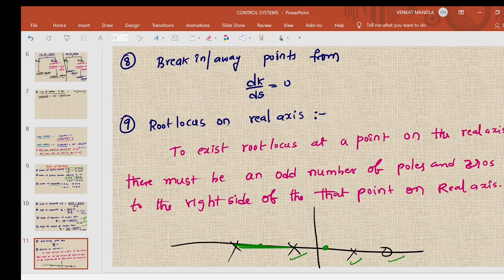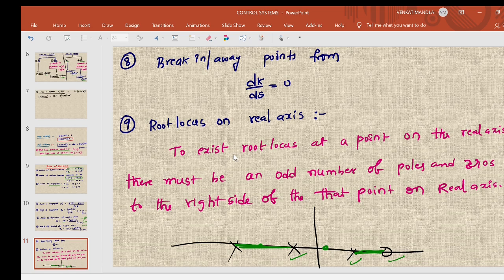But at this point, to the right of this, there is one pole and one zero. So the total number is 2. So we don't have root locus. But here only one zero is there to the right of this entire path. So root locus exists. This is also based on the angle criterion. An odd number of poles and zeros must be present to the right of the point.